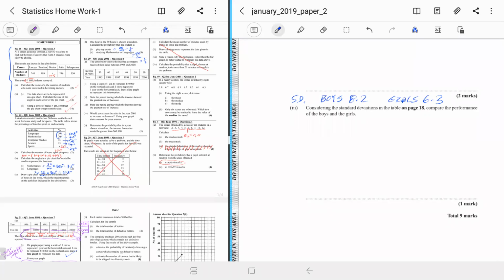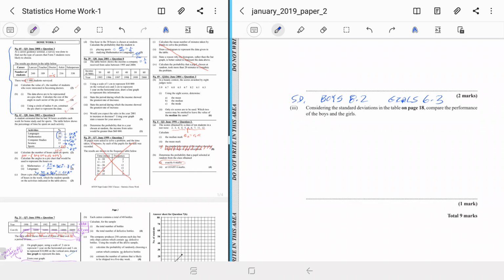So remember, the larger standard deviation simply means that the scores of the boys vary wider from the mean. Remember, you always have to say from the mean. Standard deviation is about variation from the mean. Variation means the difference from the mean.